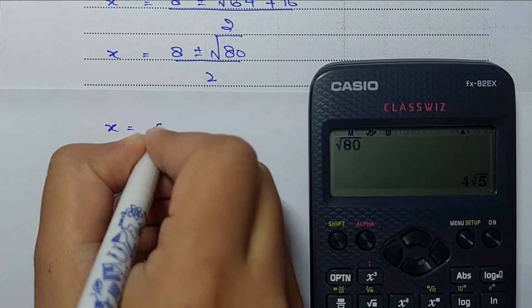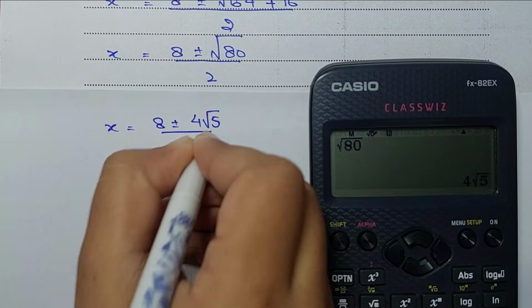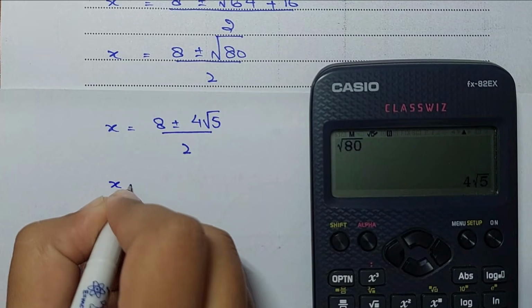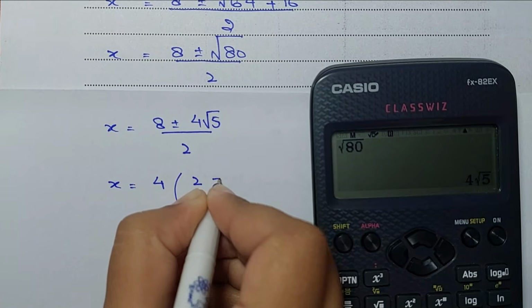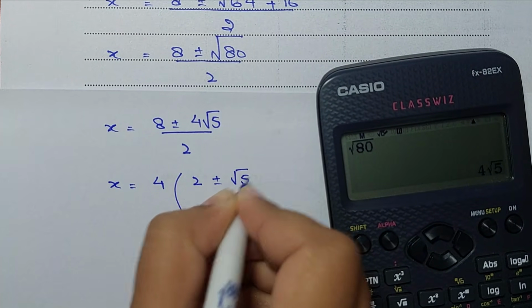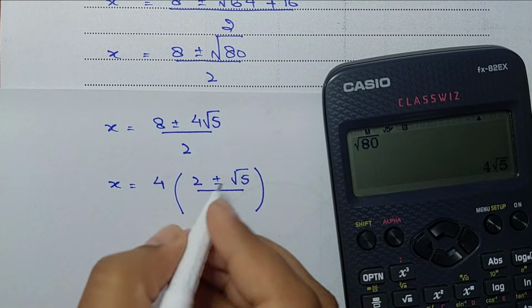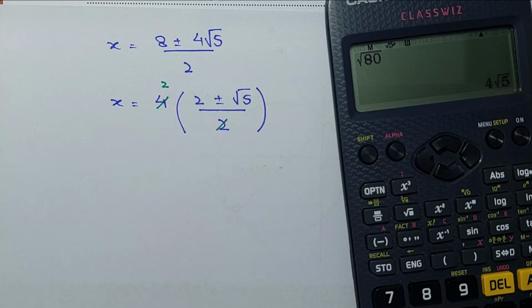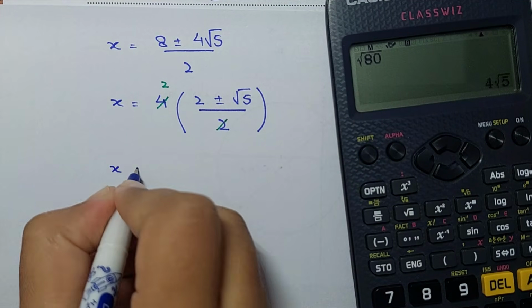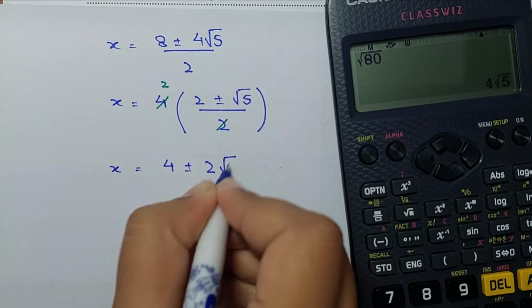The x coordinate is 8 plus minus 4 root 5 divided by 2. So let me take 4 common from the numerator: 4 times 2 is 8, plus minus root 5, divided by 2. 2 times 1 is 2, 2 times 2 is 4, right? Further simplification, we have x equal to 4 plus minus 2 root 5.